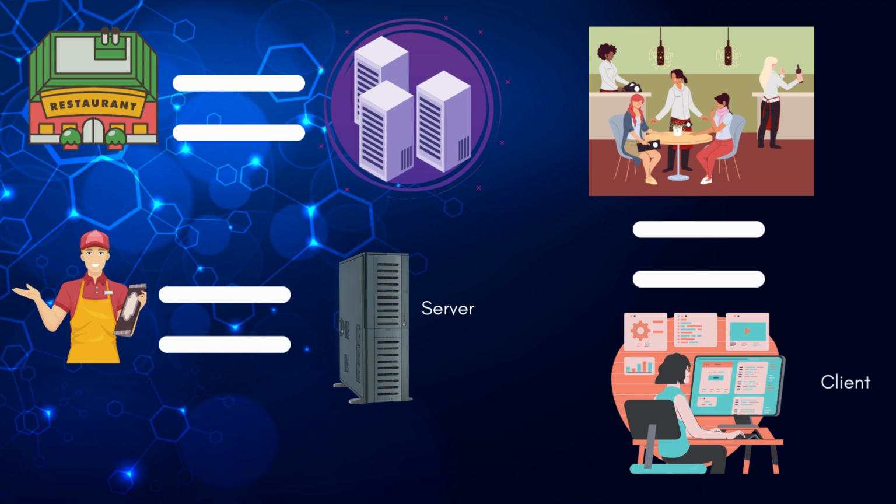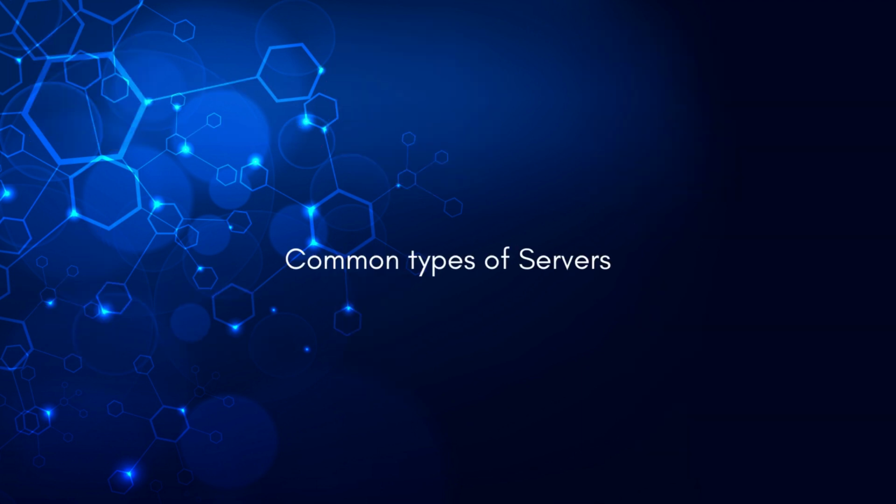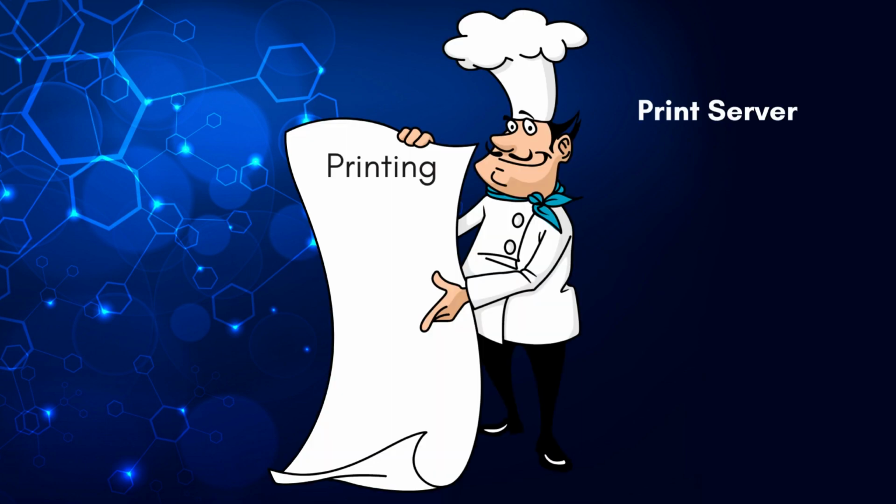And then let's talk about the common types of servers. We have a print server. That's a common type of server. And we're looking at a menu here, so bringing it back to the waiter analogy, imagine a waiter who's got printing on his menu.